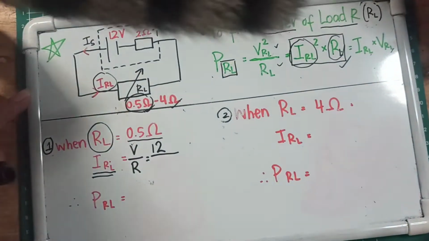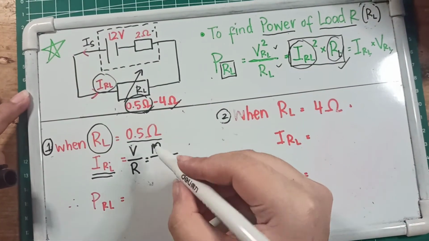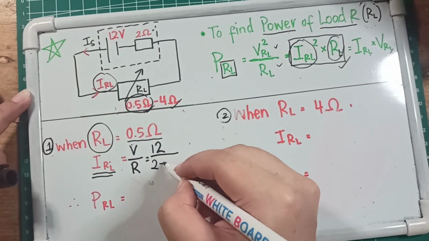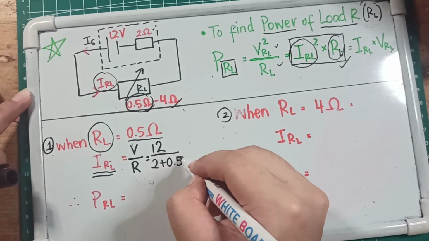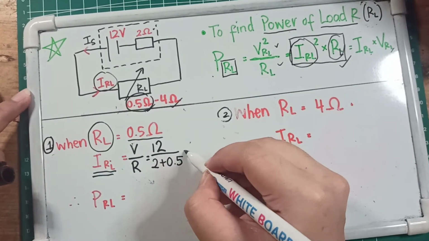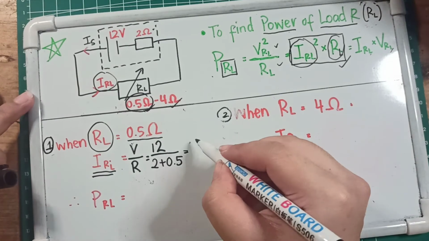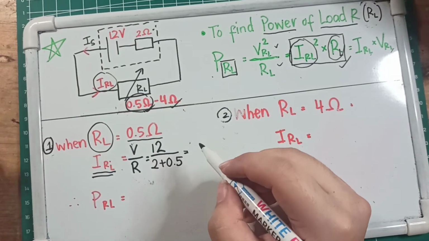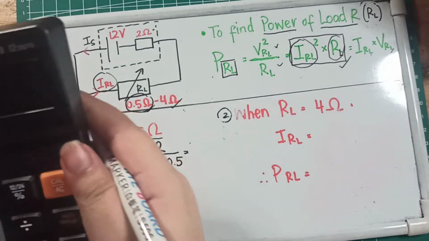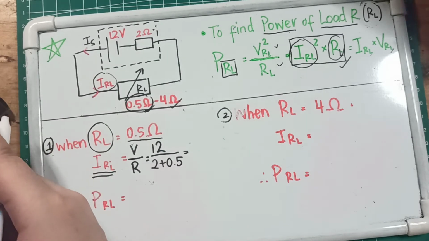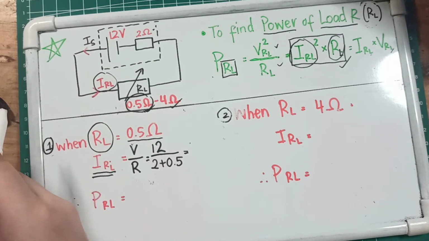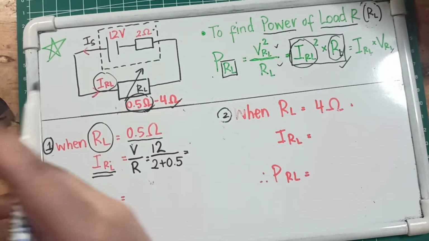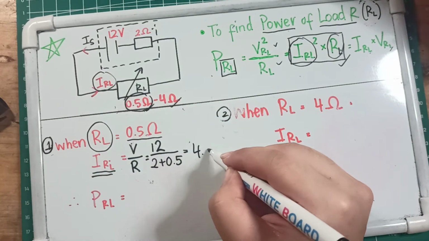Oh no, my cat is crossing. Okay, so it's 2 plus 0.5. And then we will find our current to be 12 divided by 2.5, which is 4.8 ampere.